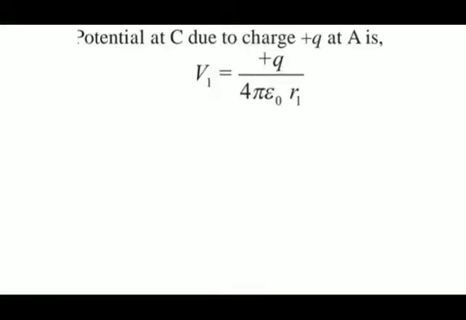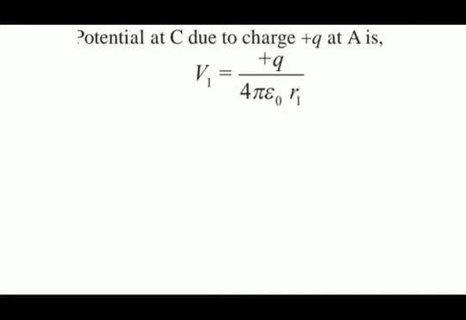So potential at C due to a charge plus Q at A: just now we have seen that we had already derived the formula that V itself is Q upon 4 pi epsilon naught R. But here we are having 2 point charges, positive Q and negative Q. So consider that the potential due to positive Q is V1 and potential due to negative Q is V2.